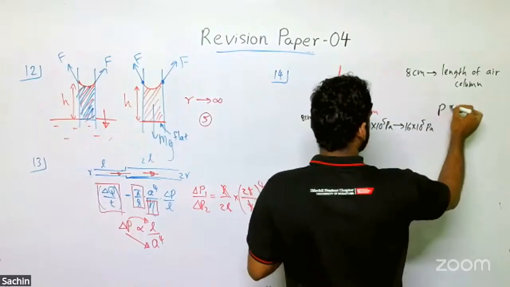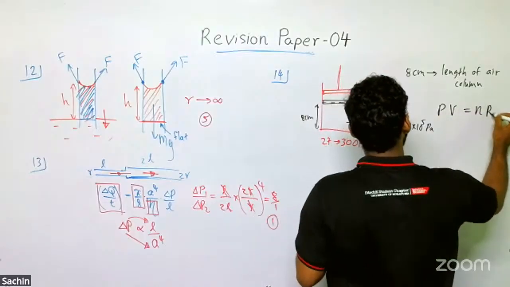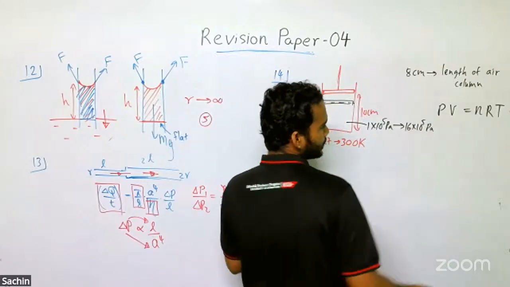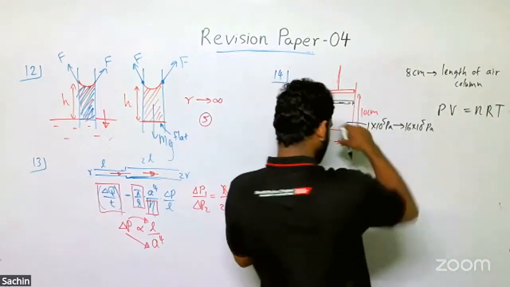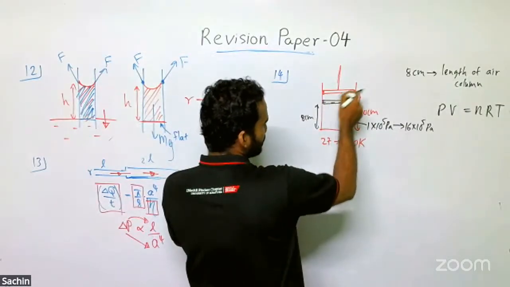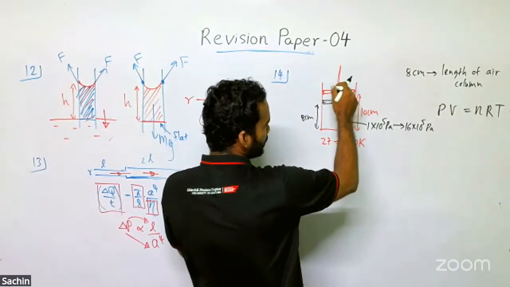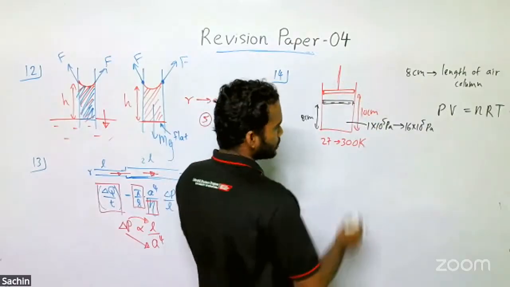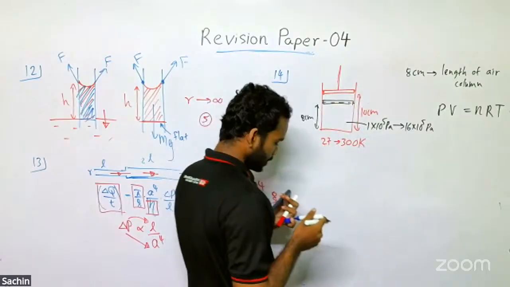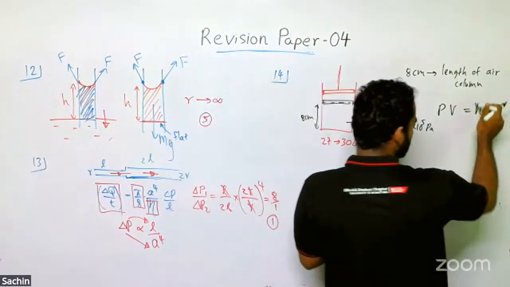Okay, so the basic gas law is PV equals nRT. For any gas, you can apply this if it is ideal. So you can see that this air is restricted from moving out of the cylinder by this piston. So inside this cylinder, the mass of this gas should be constant.